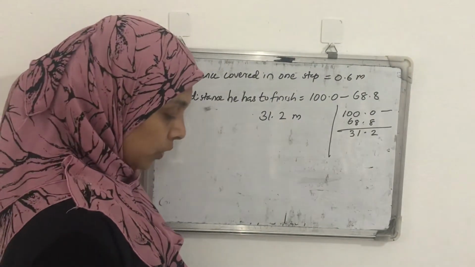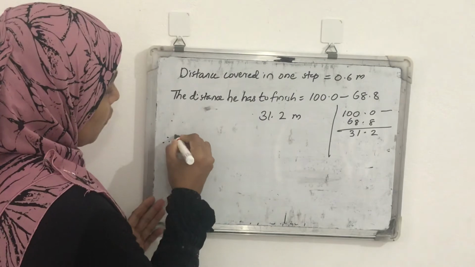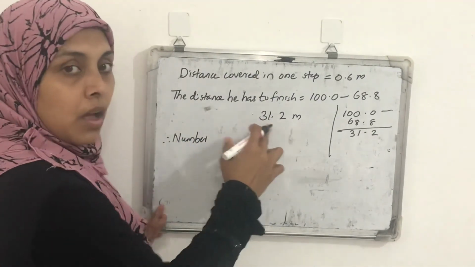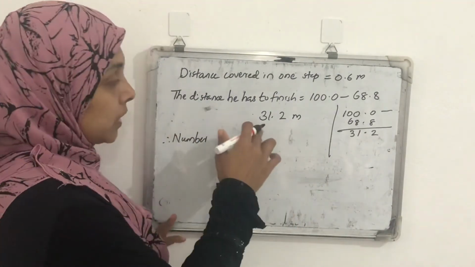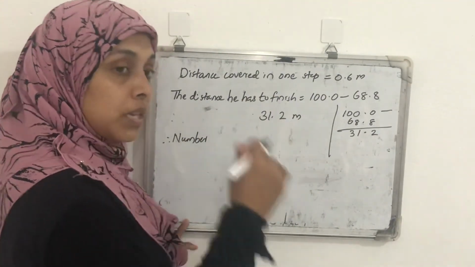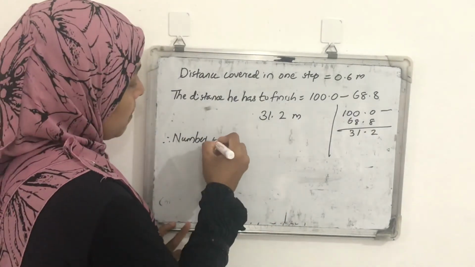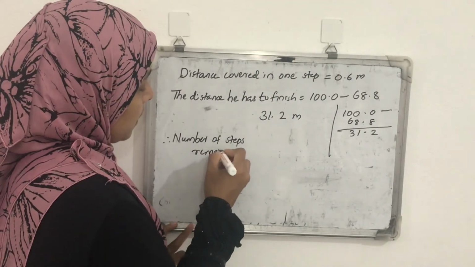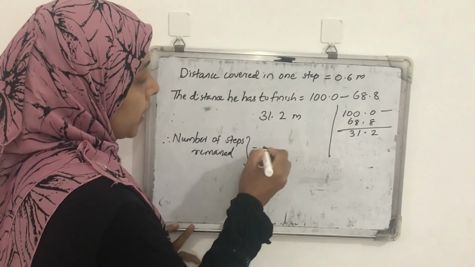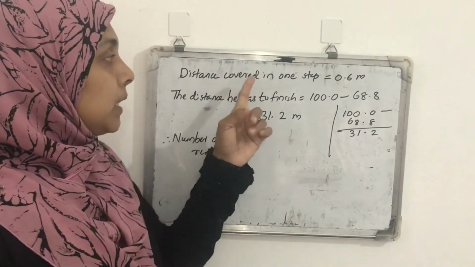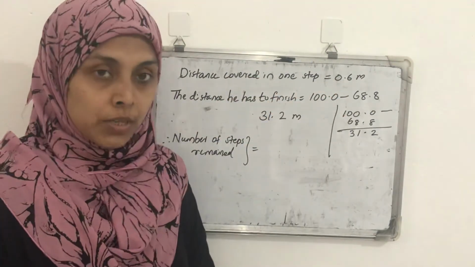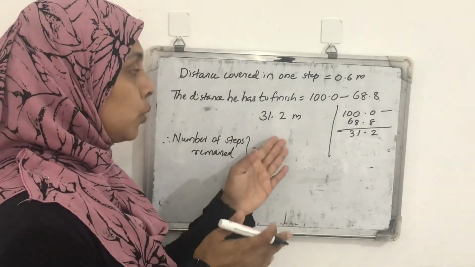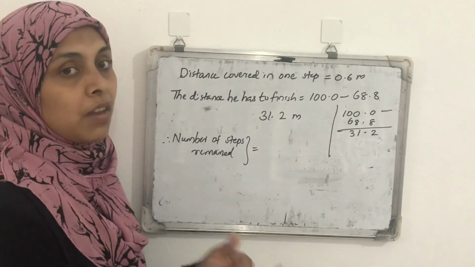Therefore, number of steps remained equals... How can we find out? It is given that the distance covered in one step is 0.6 meter. So for finishing 31.2 meter, how many steps does he need to take?